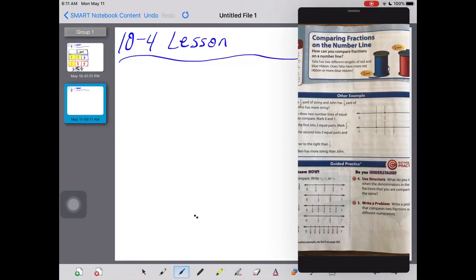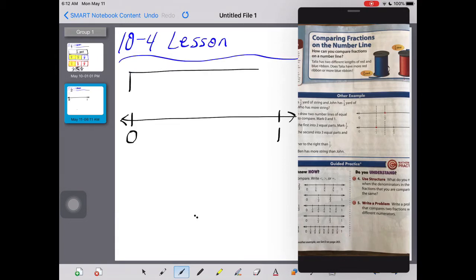So using the number line now, we will draw a number line. I'll do my arrows on both sides, and we'll have 0 represent no ribbon. And then all the way here, we'll go to 1, representing 1 yard of ribbon. So the whole thing goes all the way to there. That's 1 yard.